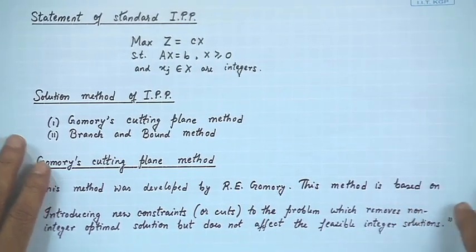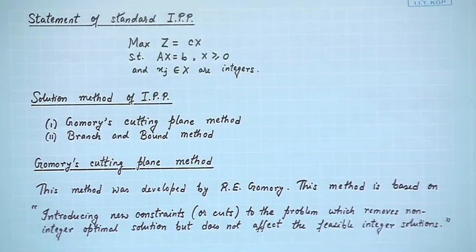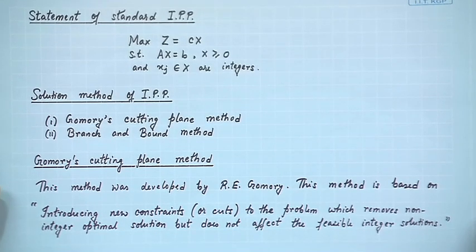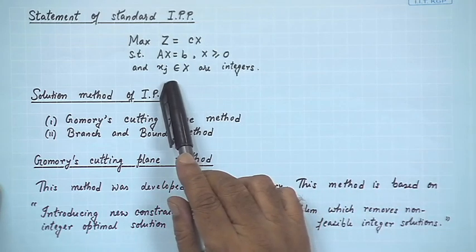Let us take one standard IPP, of the form: maximize Z = cx subject to Ax = b, x greater than or equal to 0, and xj belonging to the set X are integers.